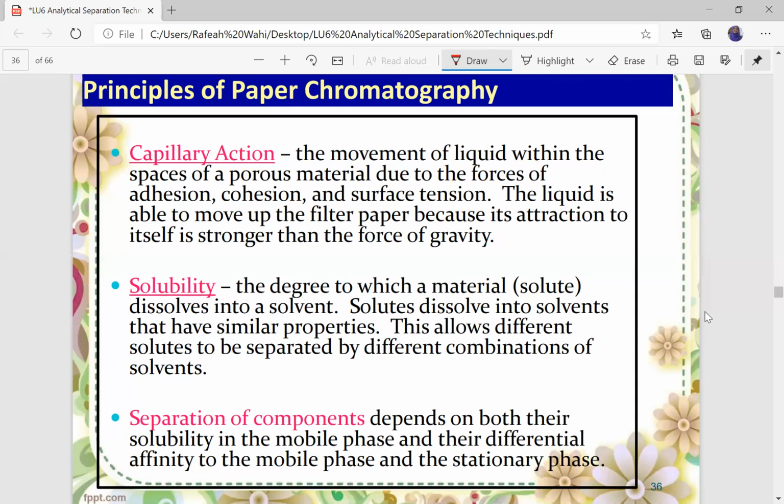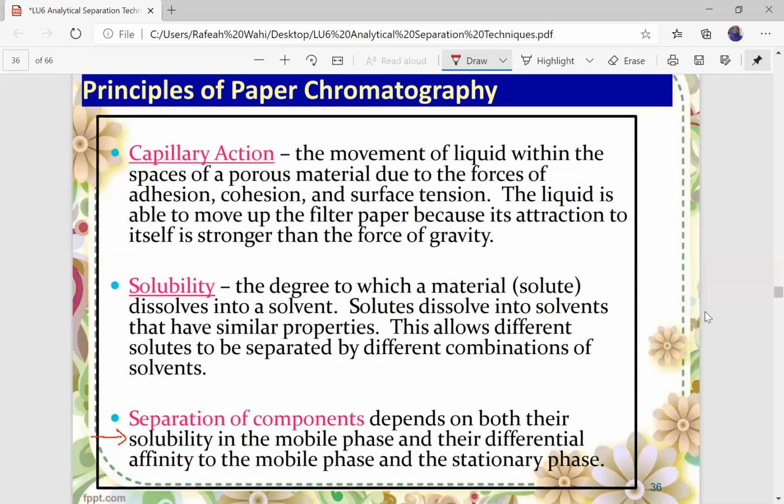Separation of components depends on both their solubility in the mobile phase and their differential affinity to the mobile phase and the stationary phase. So these are two of the factors that contribute to the separation of the components: first, the solubility in the mobile phase, and second, the differential affinity to the mobile phase and the stationary phase.